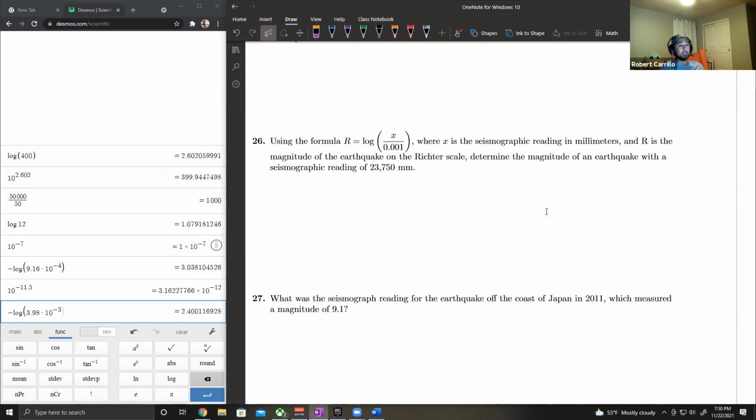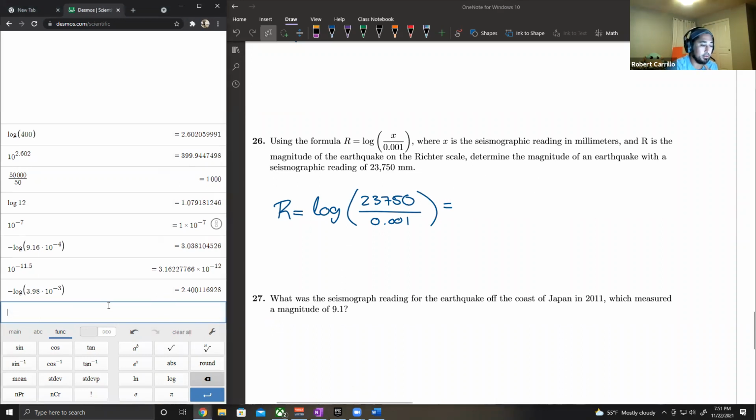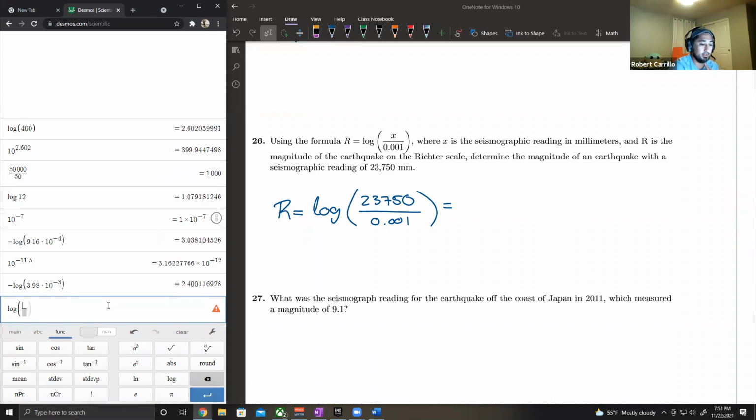Okay, so this is telling us to plug in 23,750 for X. So you'll have R equals the log of 23,750 over 0.001. And now you type this in: log of 23,750 over 0.001.